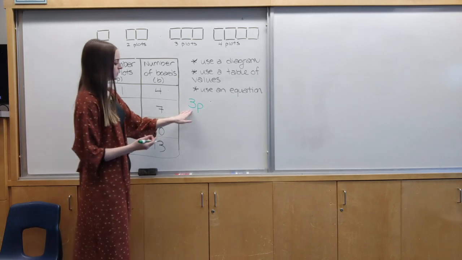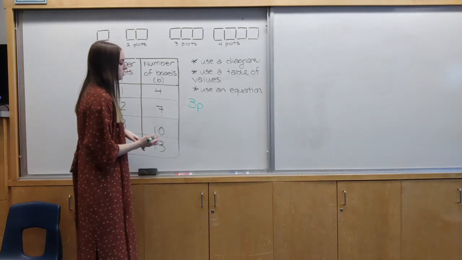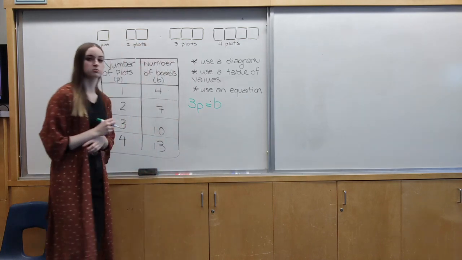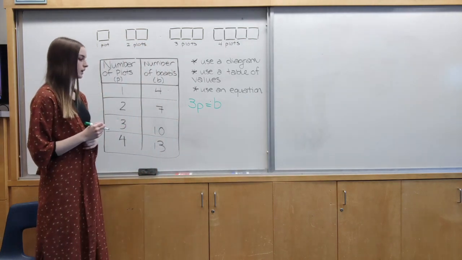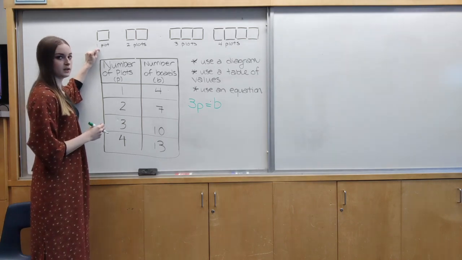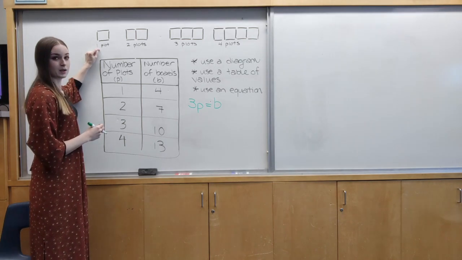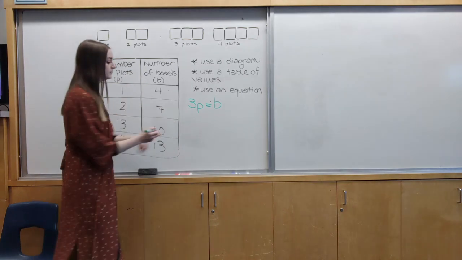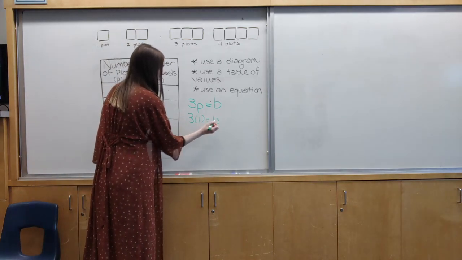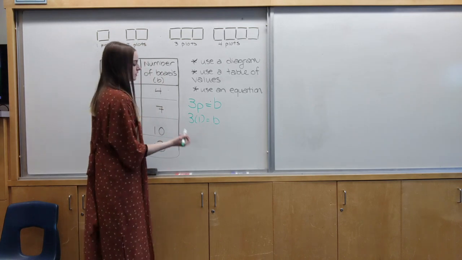Okay? So 3 new boards multiplying by the plots, and I'm going to see if that's equal to the amount of boards that I have. Okay? So in the first one, if I have 1 plot, and I multiply that by 3, then that equals, or that should equal, if my equation is right, the amount of boards.